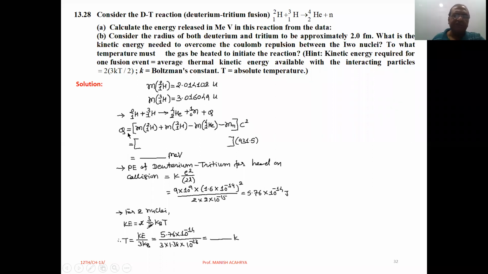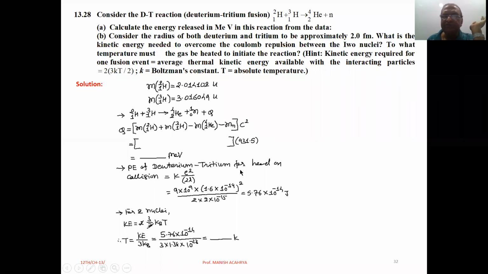So energy, the Q value of the reaction, that is left hand side mass minus right hand side mass into C square. Substitute values of all the masses, then directly multiply it by 931.5. The answer will be in terms of MeV.